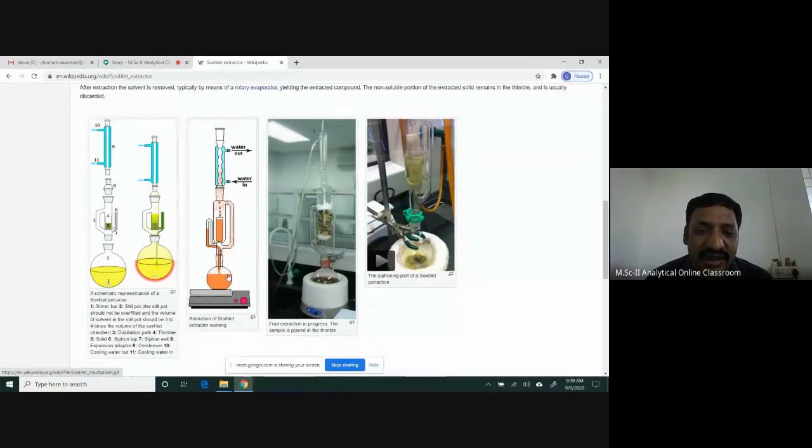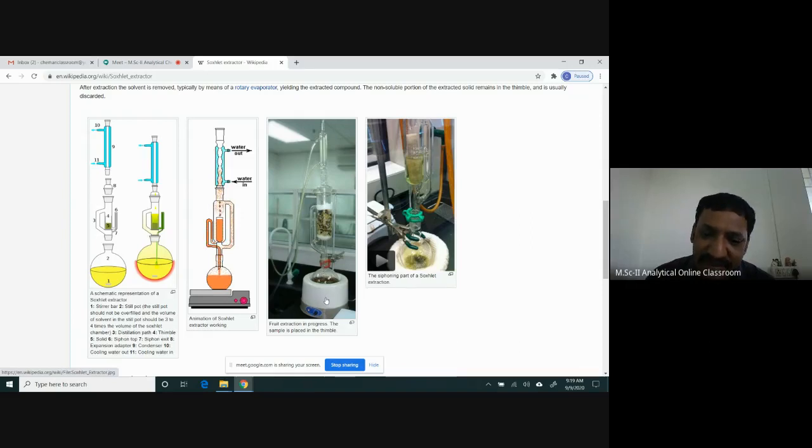What is it called? Soxhlet apparatus. So here I am also showing you this picture. Here some food extraction is in progress. So here you have to keep the food material. Here is the water condenser, and you see in the heater you keep the round bottom flask.